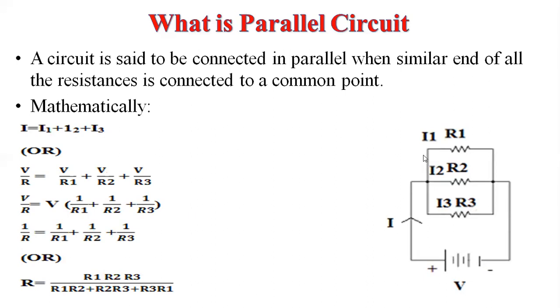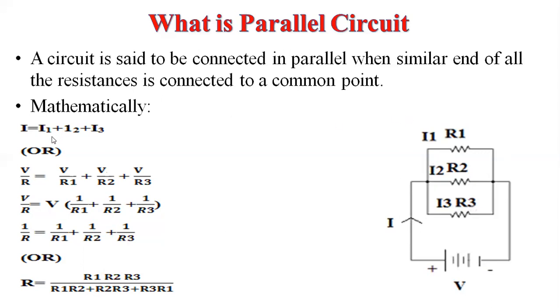By Ohm's law, current I is equal to V upon R. Here, current I is the total current flowing across the whole circuit. So I is equal to V upon R.